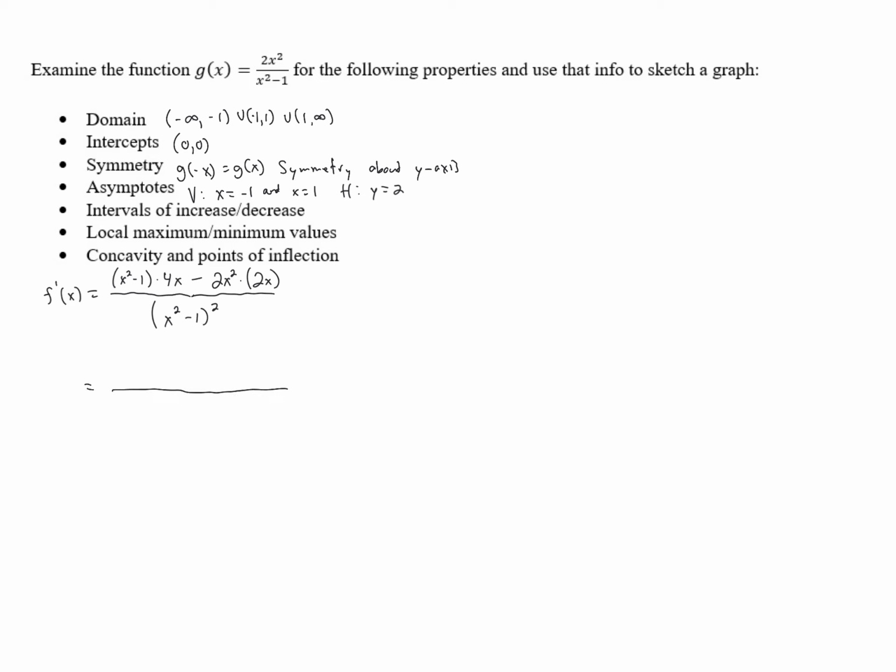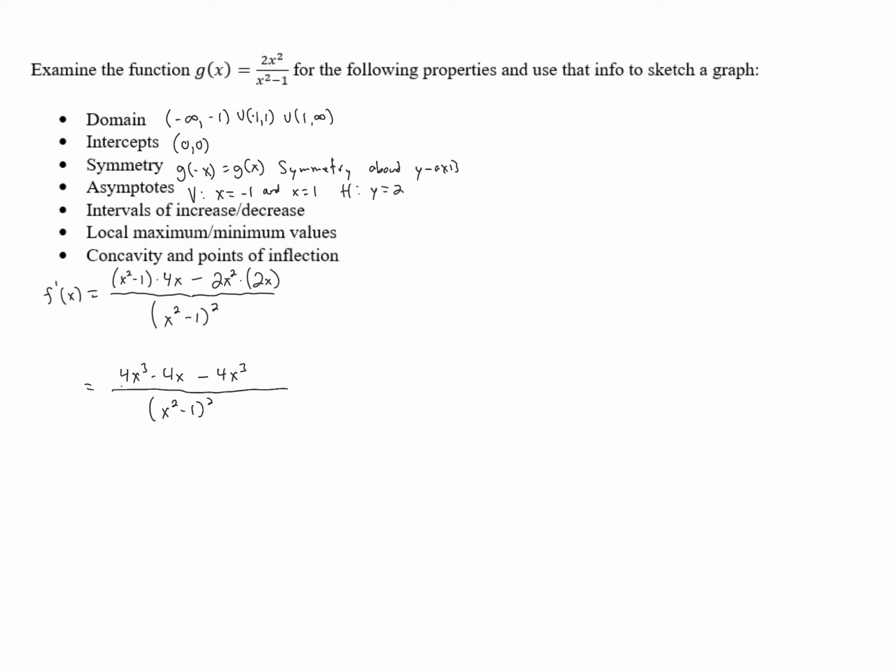If we do the multiplications in the top, that's going to give us 4x cubed minus 4x, and then minus, that's also going to be 4x cubed, all over x squared minus 1 quantity squared.